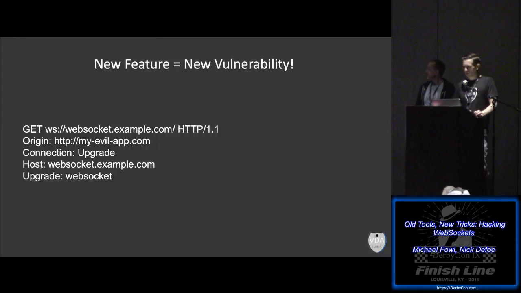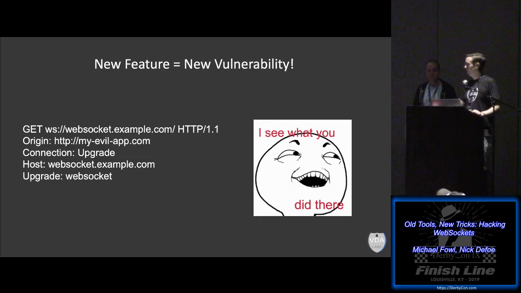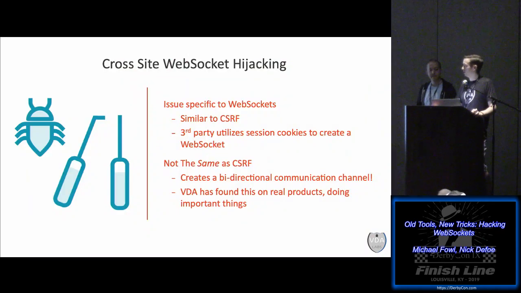And just briefly, when a new feature like a WebSocket comes out, invariably there's going to be some sort of vulnerability discovered. In this case, a new feature resulted in a new vulnerability. If you see here, we've got an origin that's different than the actual application. It was discovered after WebSockets came out, a new type of vulnerability called cross-site WebSocket hijacking.